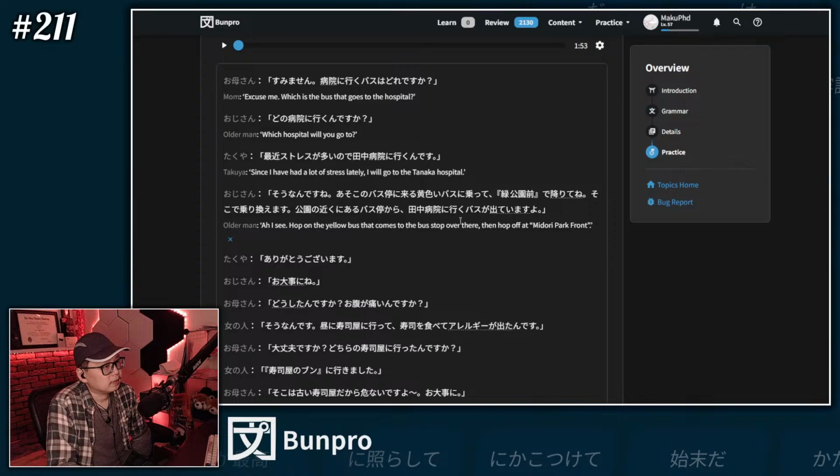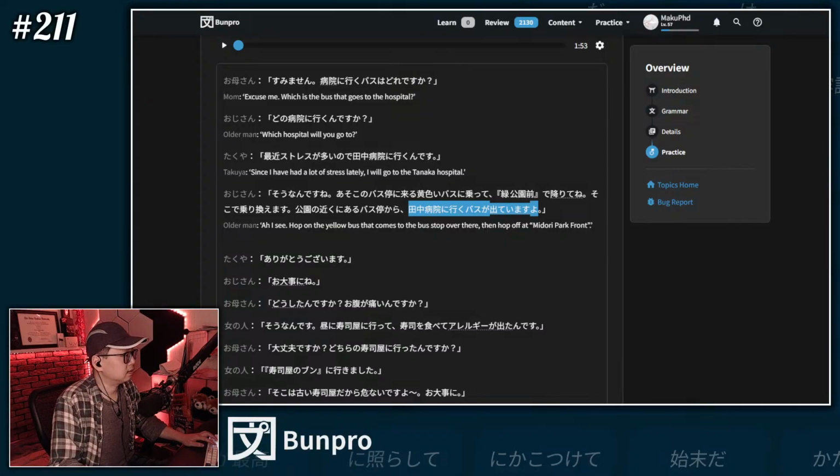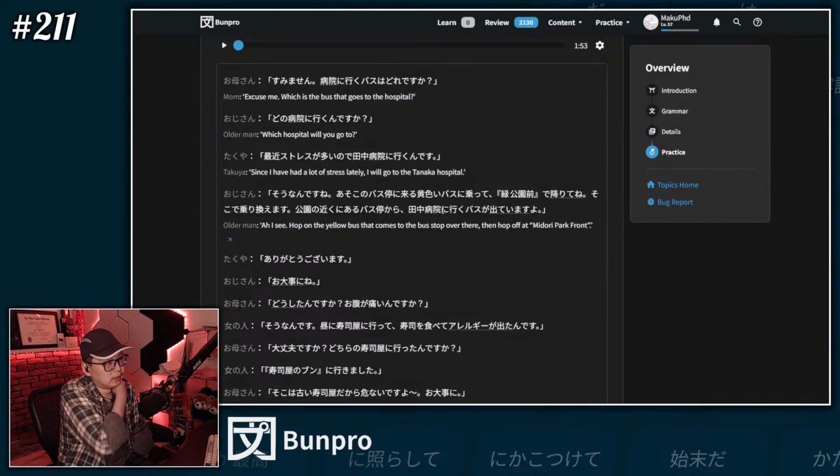And I don't know how this is phrased. Hang on. I thought this means there's a bus, so there's a bus that goes to the hospital, right?